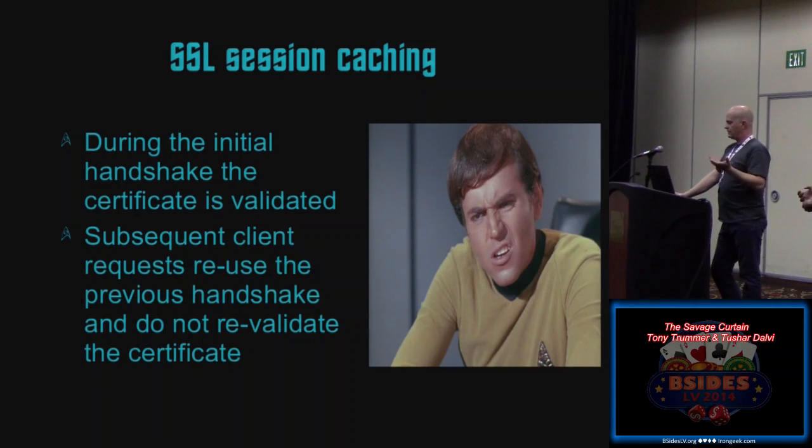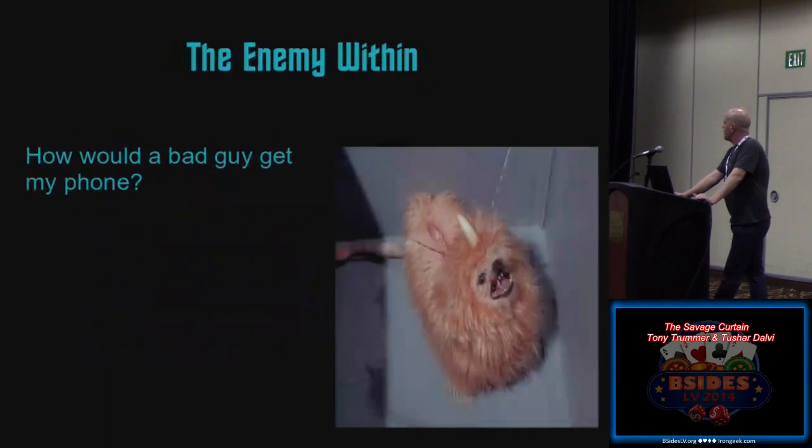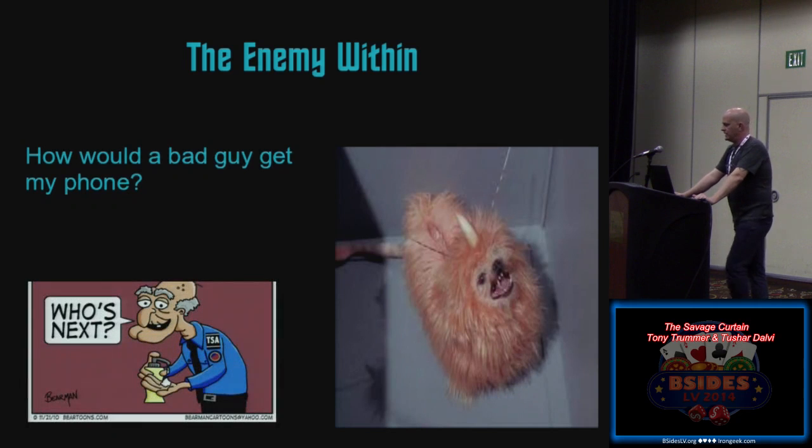We found that Google Maps, the app that we were testing on, had this feature enabled, as many others do. So we thought to ourselves, okay, what if a bad guy could make that first connection, right? What would happen? So obviously the skeptics say, well, how would a bad guy get my phone? And that's a logical question, and unless you travel and get stopped by the TSA or the customs people, right?